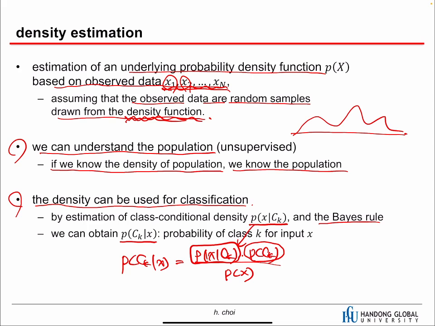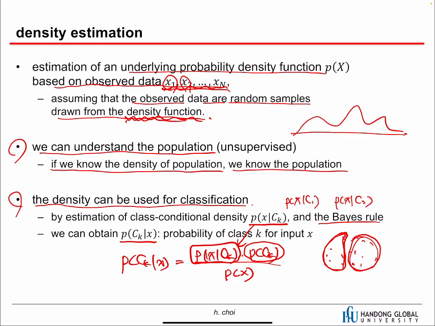Which means, when we have lots of samples, we have class 1 and class 2. We gather all the samples from the first class and then do some density estimation. That's what P of x given C1 means. And then from this, we can get P of x given C2.